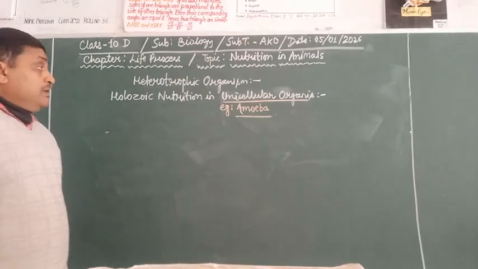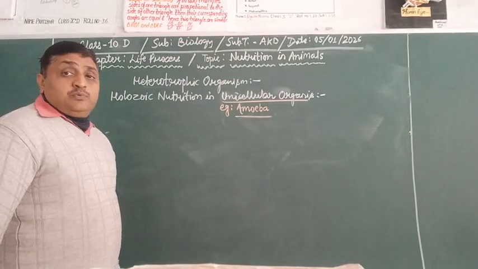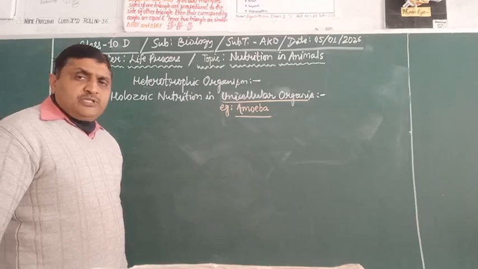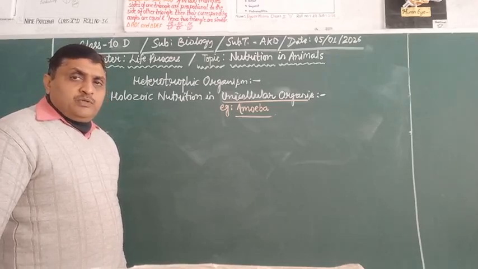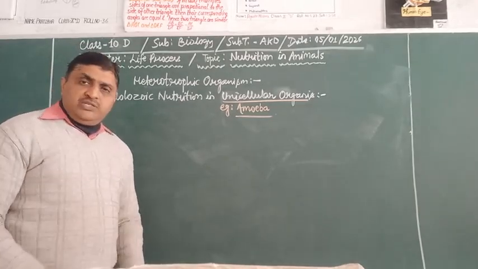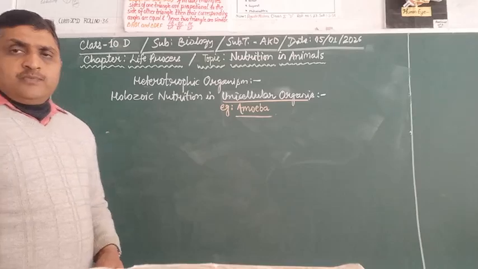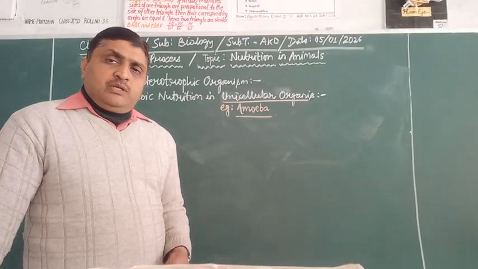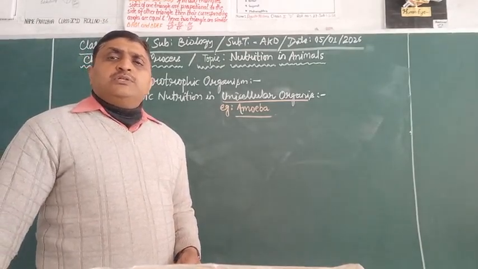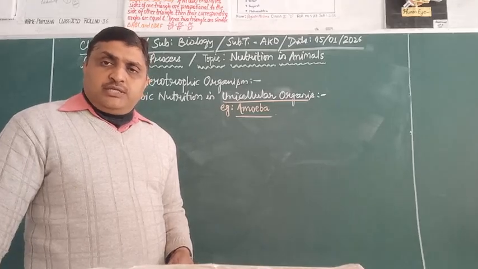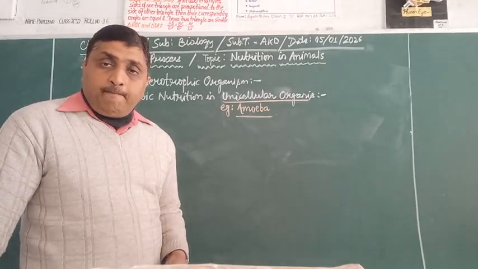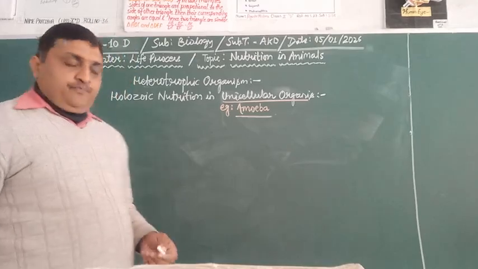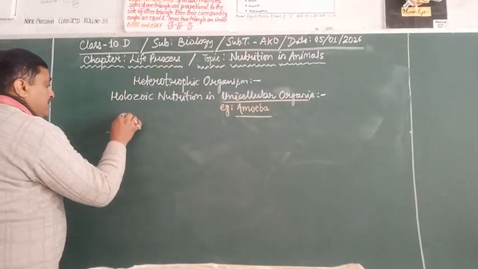So now I will discuss holozoic nutrition in the amoeba. How does holozoic nutrition take place in the amoeba? Amoeba is a unicellular organism, and it does not have any definite shape. They have an irregular body structure.